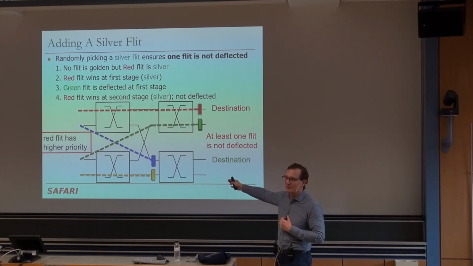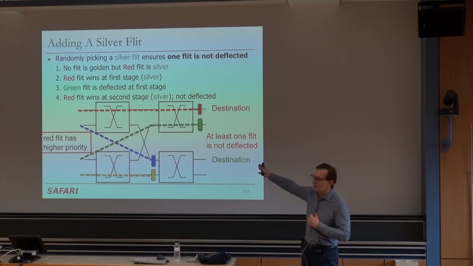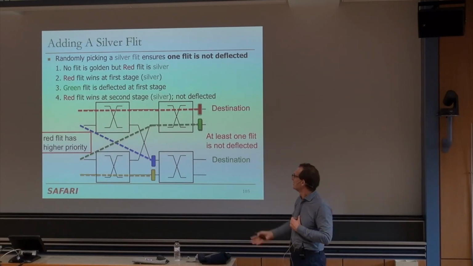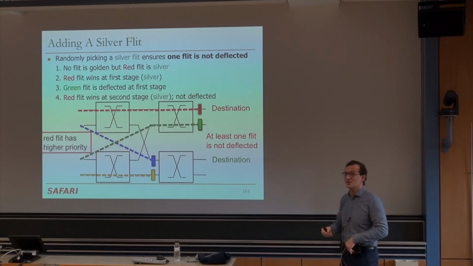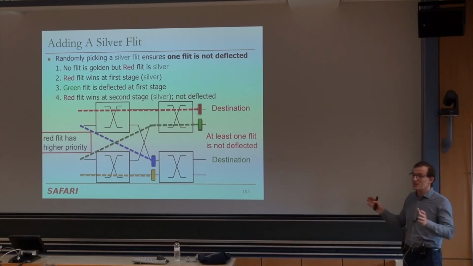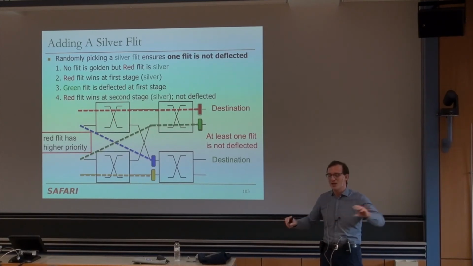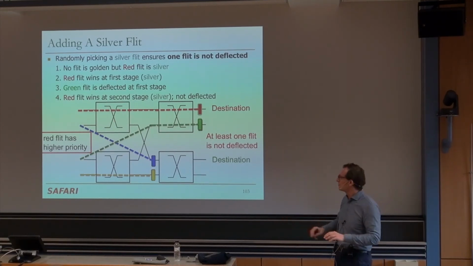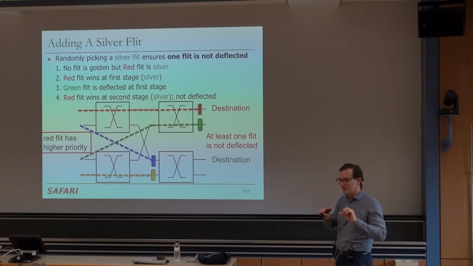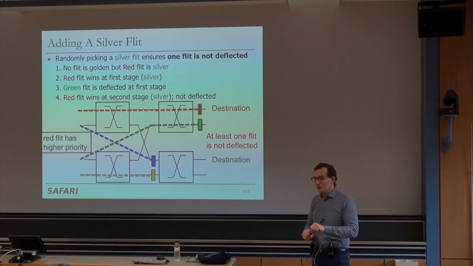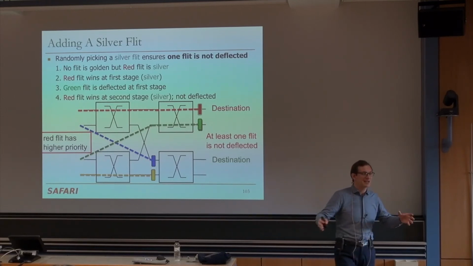If you look at a router, it looks like a network also. The network at the higher level looks like a combination of these, and you may want to do the same thing at the higher level. This is especially true when you're looking at applications. Let's say you have packets from multiple applications. You prioritize application A in one router, and you want to keep prioritizing application A in all of the routers so its packets get delivered.